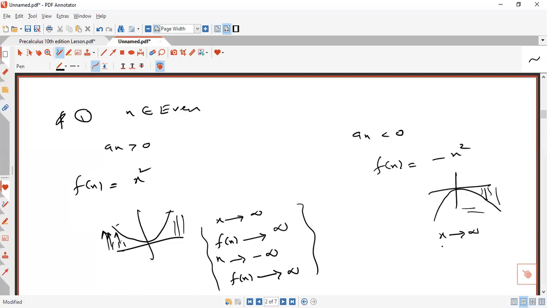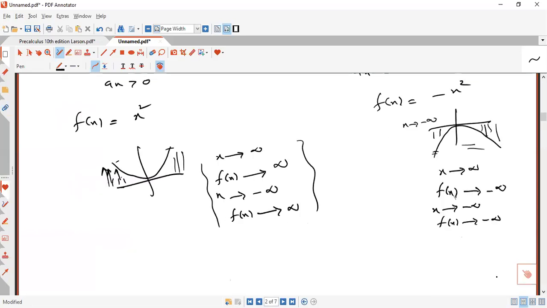Mathematically I may write f(x) tends to negative infinity. Again in the same way, if x tends to negative infinity on the left side, the graph is below the x-axis, so the value of the function will be negative, and a large negative value is known as negative infinity. So in both cases, whether x is positive infinity or negative infinity, f(x) tends to negative infinity.